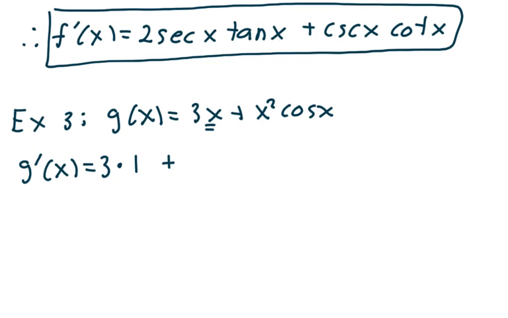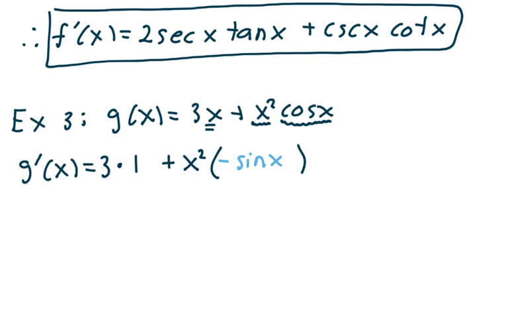Now, I'm going to write down the first function, which is x squared. And what I'm going to do in parentheses is take the derivative of the second function, which is cosine x, right? So I got to take the derivative of cosine x, and when I take the derivative of cosine x, I get negative sine x.